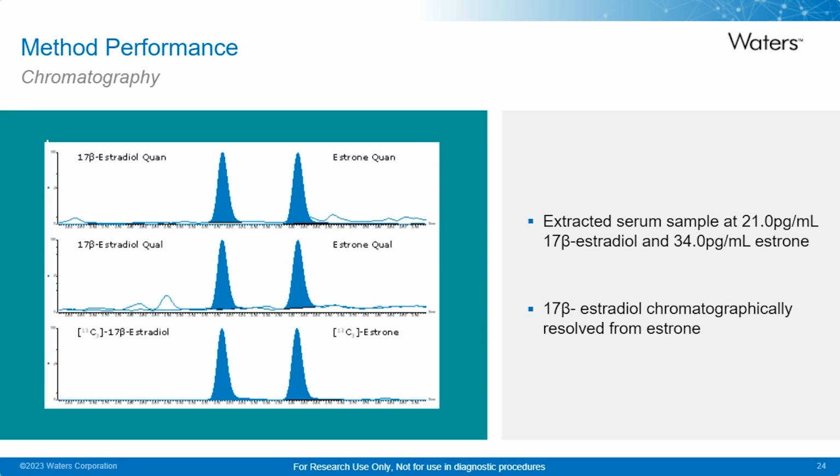And as you can see, importantly, estradiol is clearly separated chromatographically from estrone, and therefore this would ensure that no isotopic interference would occur in the estradiol quantification from estrone. And just to clarify, because it's not necessarily that clear on the image, the estradiol is the first eluting peak and the estrone is the second eluting peak there.